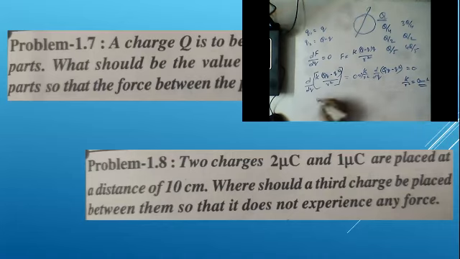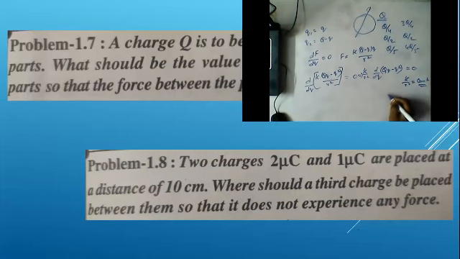So we can write d by dq of (Qq minus q²) is equal to 0. So what is the formula, guys?